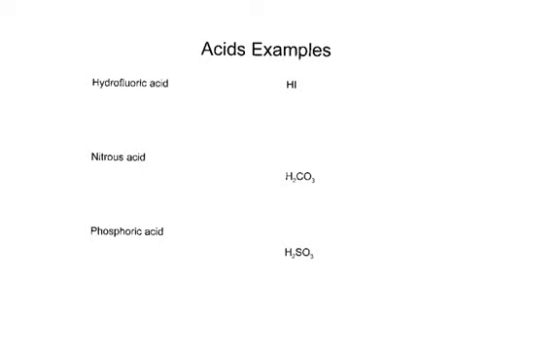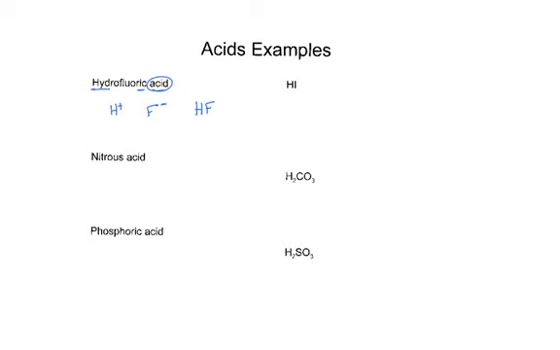So let's practice some of the acids. So I have hydrofluoric acid. So there's hydro and ic, so that means it started with "ide." So fluoride. Fluoride is F minus. It's an acid, so that means it started with H plus. H plus and F minus, so my formula would be HF.